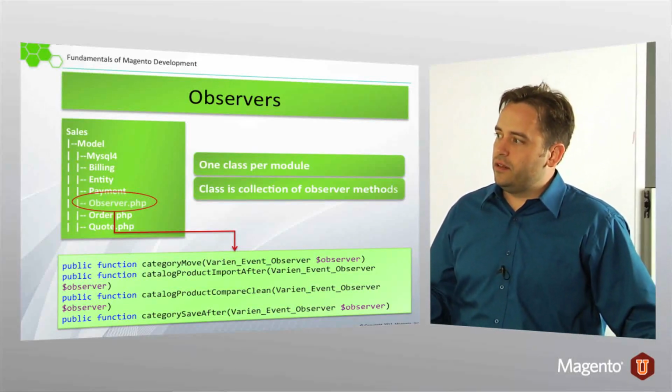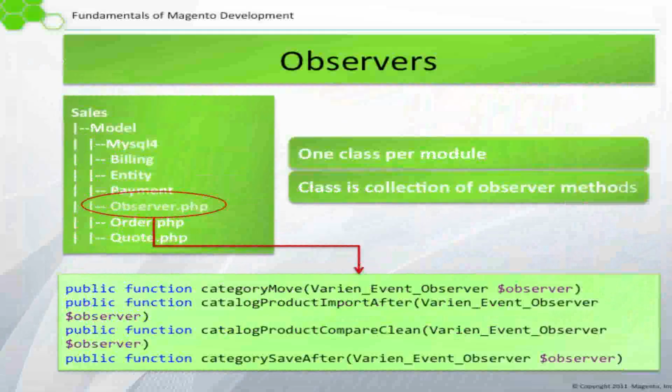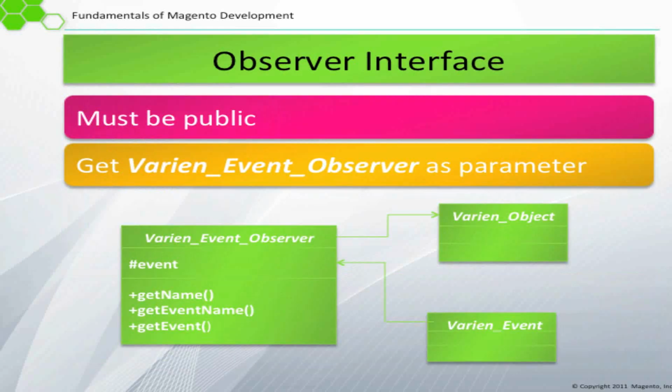And the kinds of methods you put in here are often utility methods. Magento uses this extensively, especially around the category objects, in terms of moving them around in the administration panel. Observer methods must be public, and they always receive a Varien event observer object as a parameter.